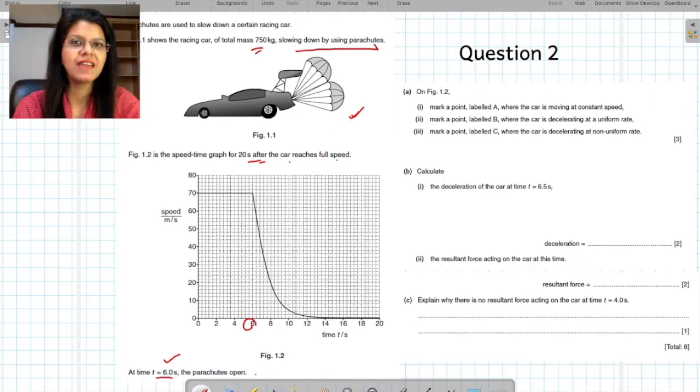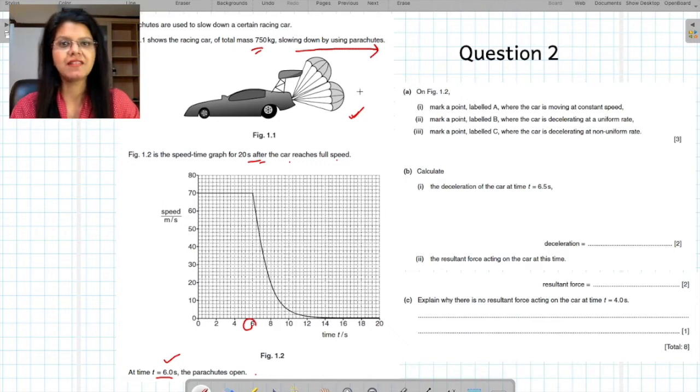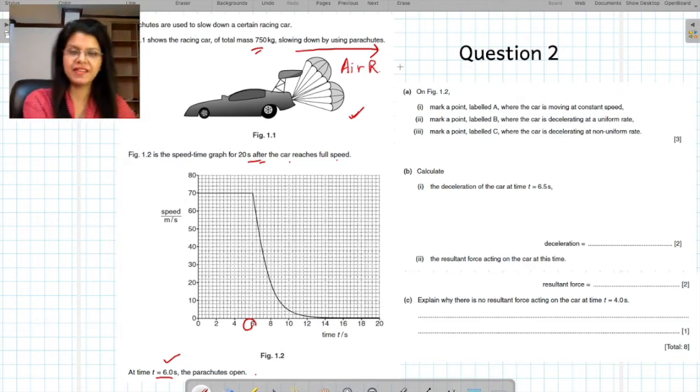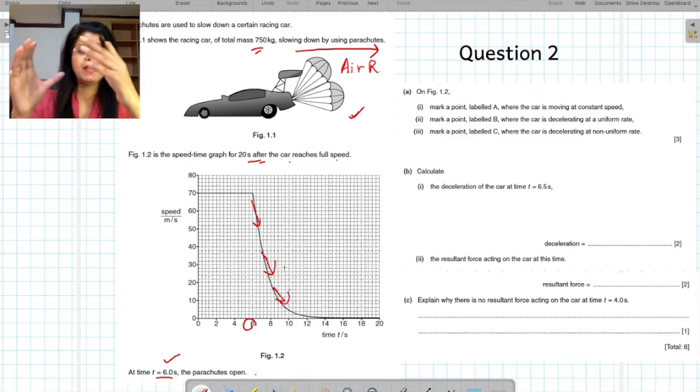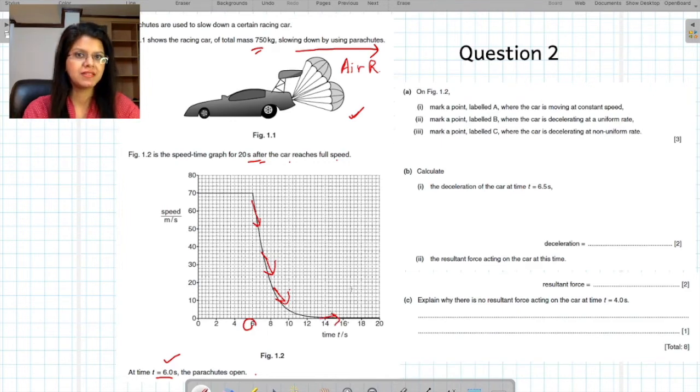A lot of backward pull is created. As a result, the speed is going down. Can you see? The speed is going down. The speed goes down and ultimately it stops.